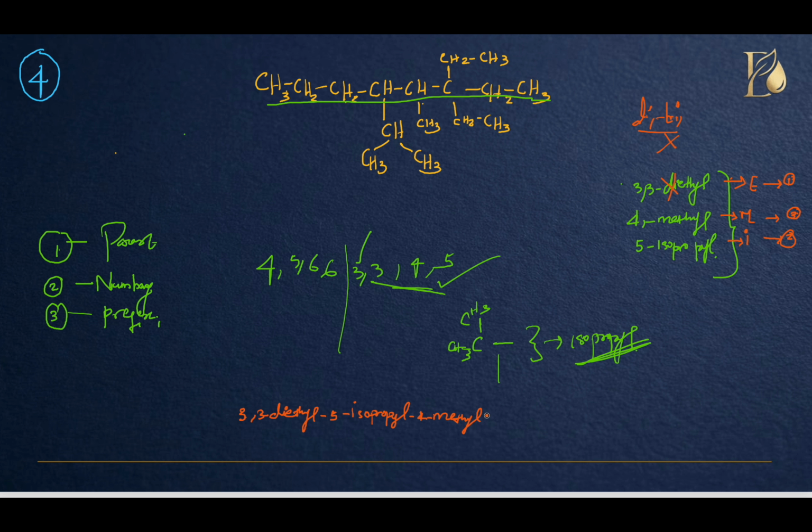Now we have to write our word root, right? Prefix is over. What is the word root? How many carbon atoms are there? 8 carbon atoms. So for 8 carbon atoms, what is the word root? It is oct, and the suffix is ane. So octane, right? Octane. So this is our final name: 3,3-diethyl-5-isopropyl-4-methyloctane.